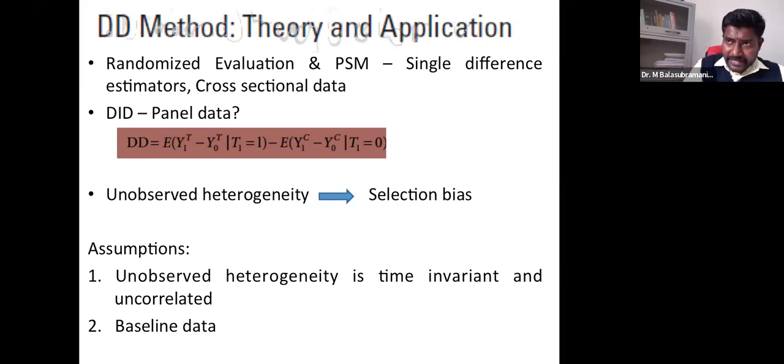The baseline data is nothing but the situational analysis survey, a broad view over the sampling region or the samples, whether households, farmers, wage earners, or whatever target group we have.